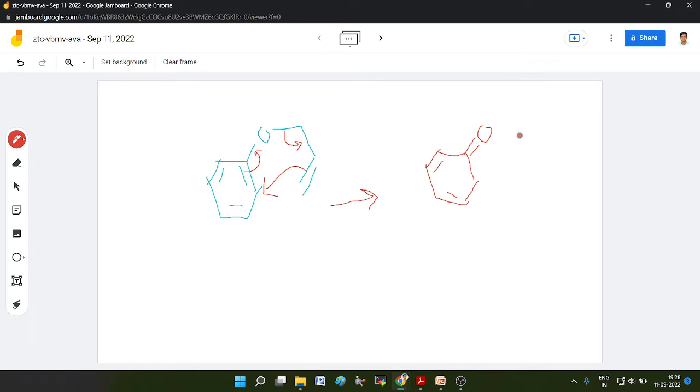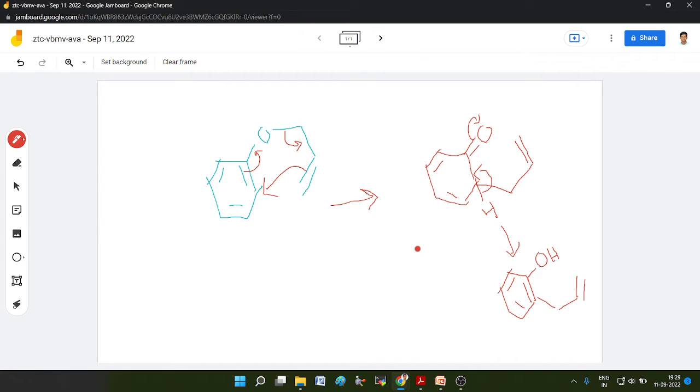This bond has broken, this has a formation of a double bond, and this has become a single bond. Remember there is a hydrogen here. In the next step, it will go like this, and like this. So very simple. Again we are back with our benzene ring, OH. So this is the situation.